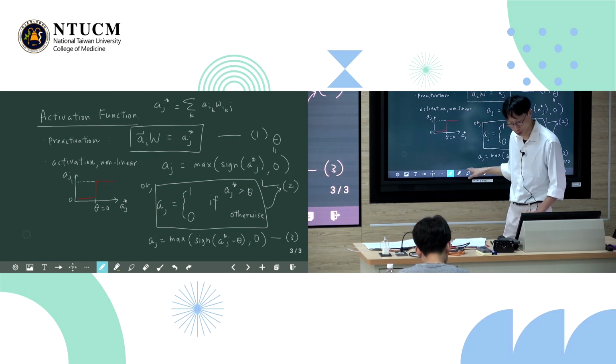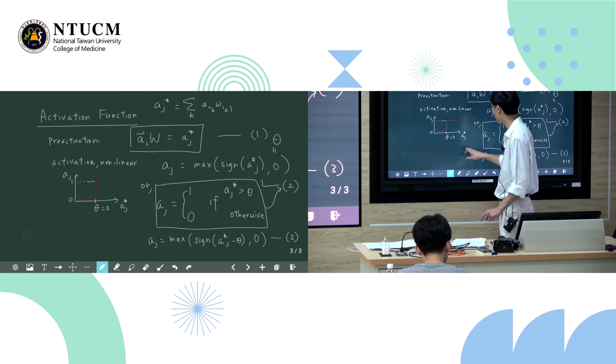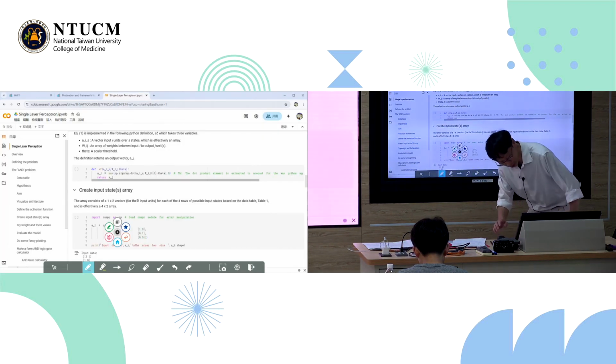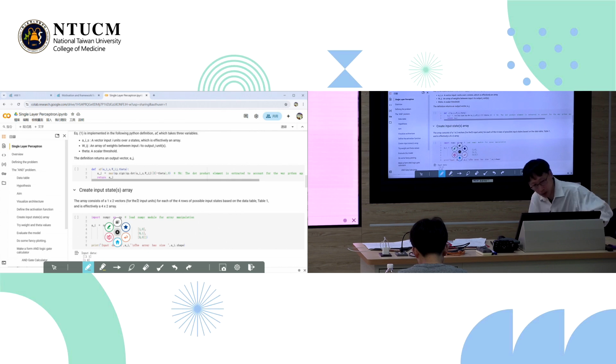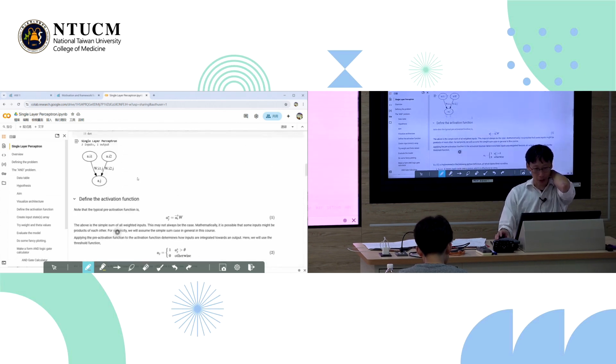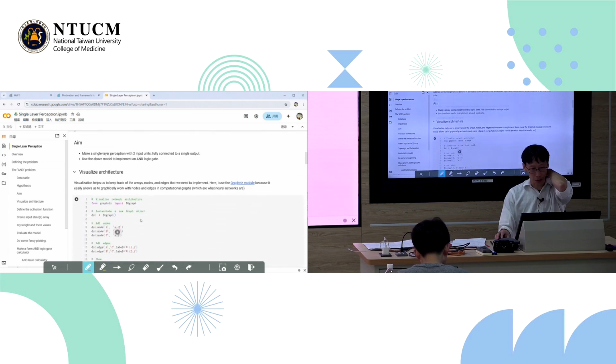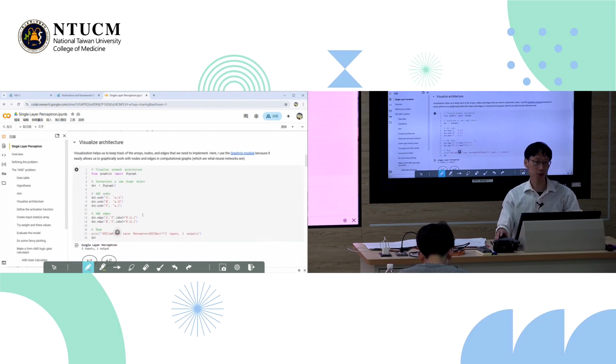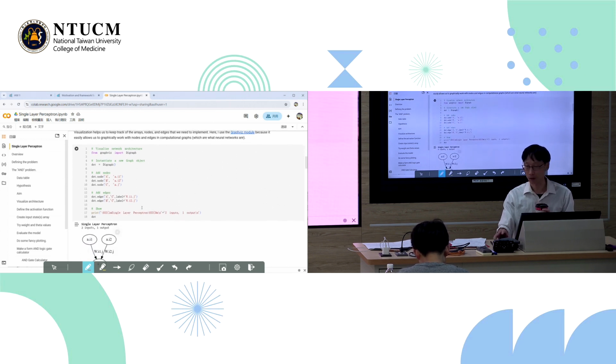So we will apply this now and see how it works on the data table. If you go back to your Jupyter notebook, the first step is to visualize the proposed architecture. We are proposing a single layer perceptron that has 2 input units and 1 output unit, fully connected feed forward.